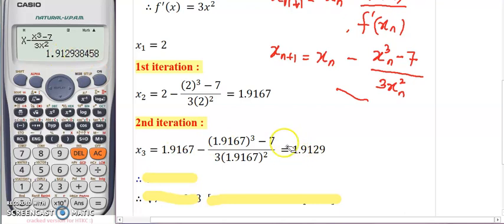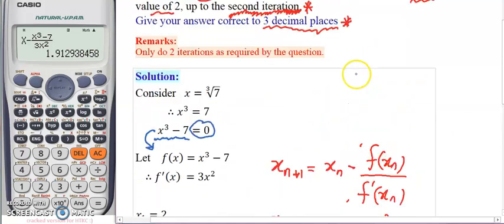Therefore, in this question, if you refer to the results we have, when I round off to 3 decimal places, you see that one answer is 1.917 and the other one is 1.913. Although the rounded values are not the same, we need to stop our calculation at this moment for the second iteration, because this is the requirement of the question.